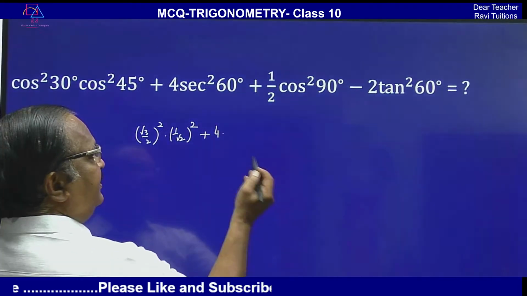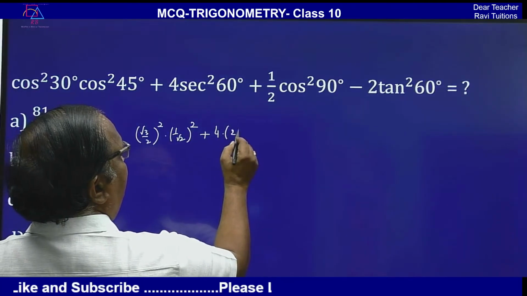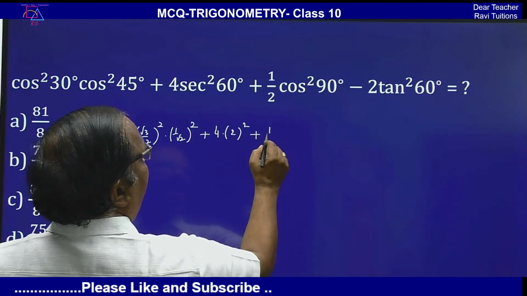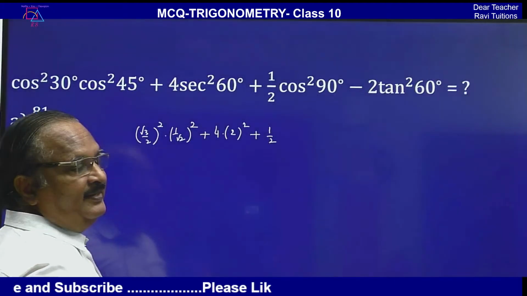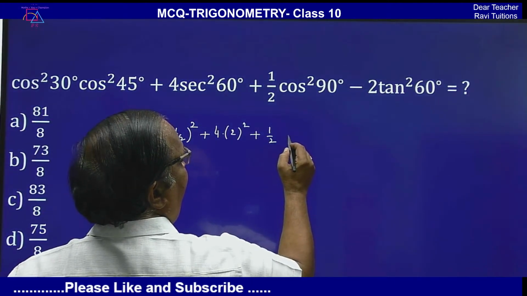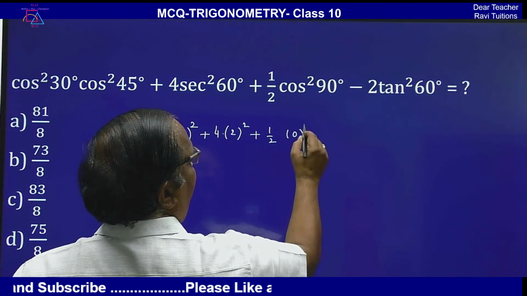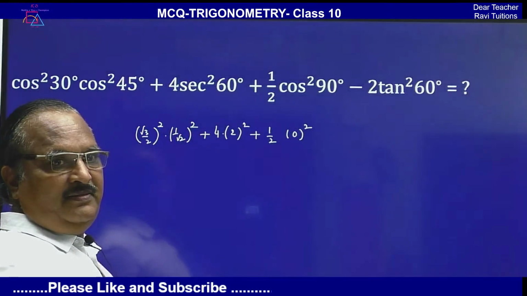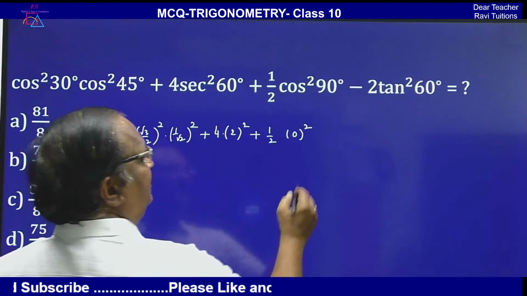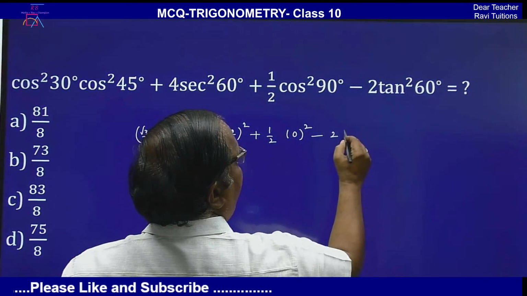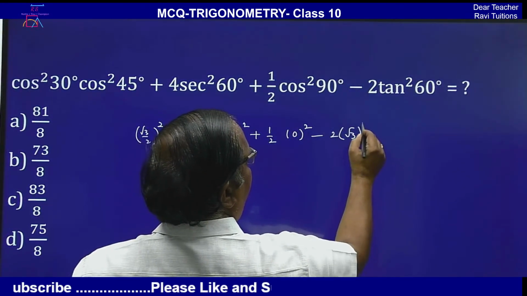Cos 60 is half, so this is 2 square, plus 1 by cos 90, cos 90 is 0, and 2 tan 60, root 3 whole square.